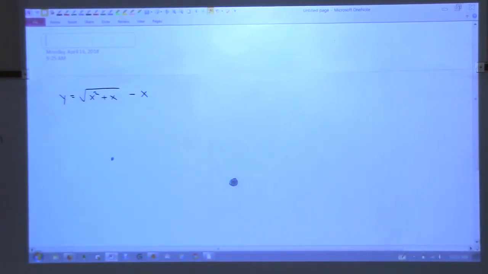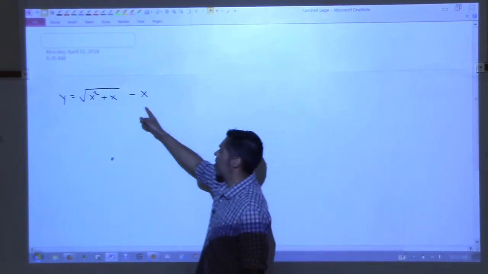Now that is not a function that you've ever been asked to graph before, right? Maybe just the square root part. Yeah, maybe just the root, but not with this minus x here.